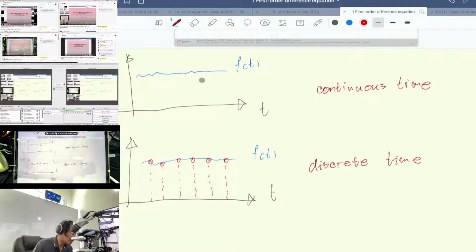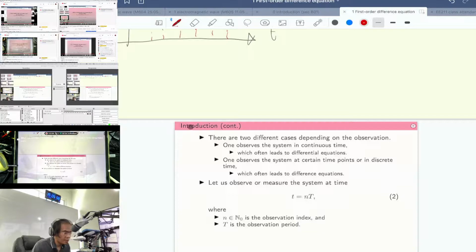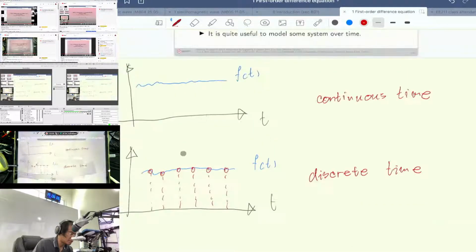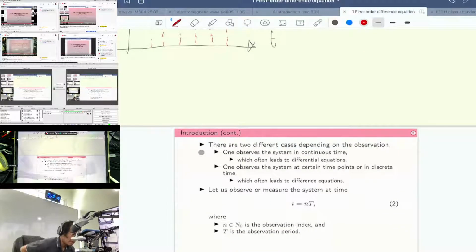But it requires a lot of memory. Okay, here one observes the system in certain time positions or in discrete time. That's the discrete time system. Next one is, once we observe the system at certain time points in discrete time, we're going to get the so-called differentiation.